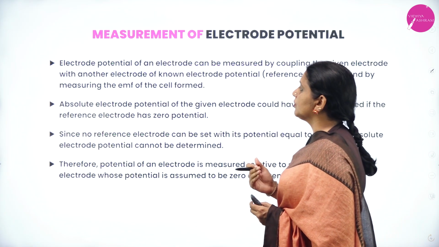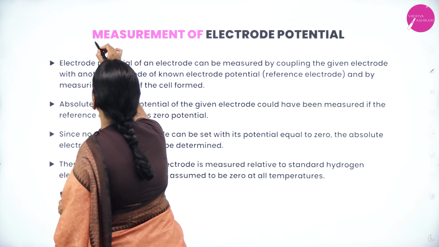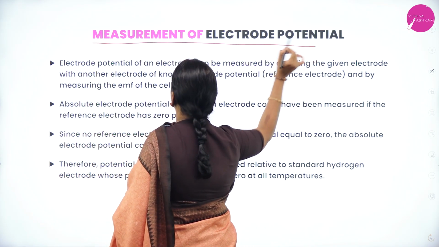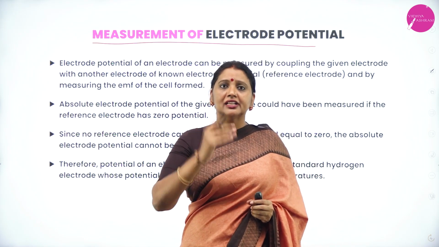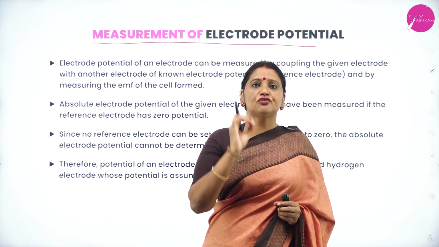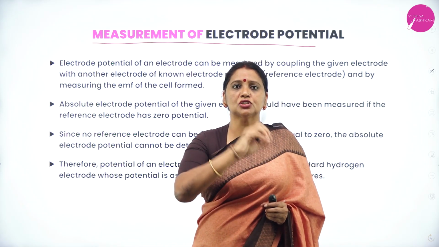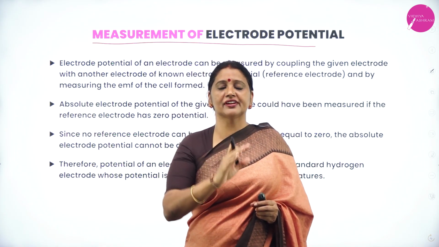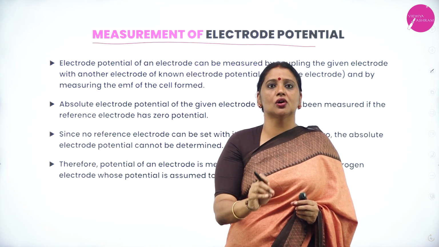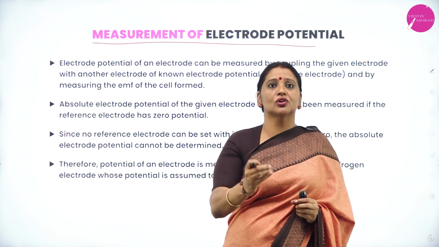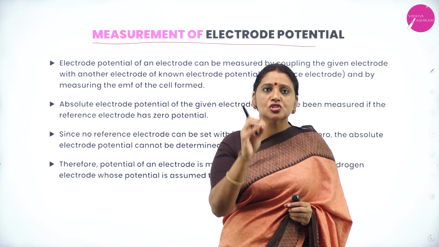Okay, now let us consider the first topic, the measurement of electrode potential. Already you know the definition for electrode potential. Electrode potential is the potential difference between electrodes when an element is dipped in its own ions, that is, in contact with its own ions, when it is dipped in its own salt solution.